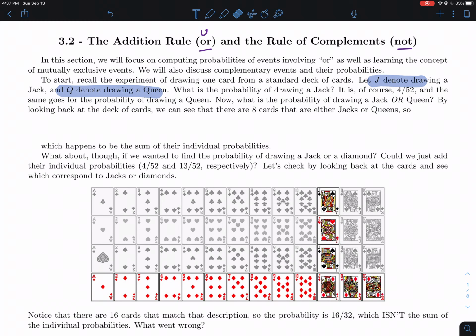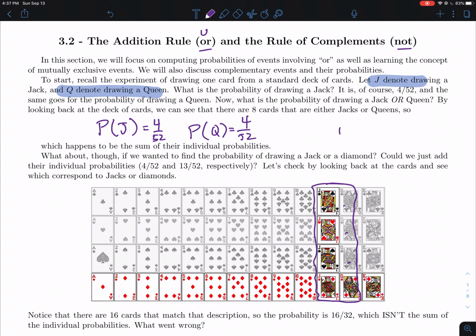So finally, by looking back at the cards, we see that the probability of drawing a jack is 4 out of 52. The probability of getting a queen is 4 out of 52. And if we look at the set of cards, we can see that there's 1, 2, 3, 4, 5, 6, 7, 8.